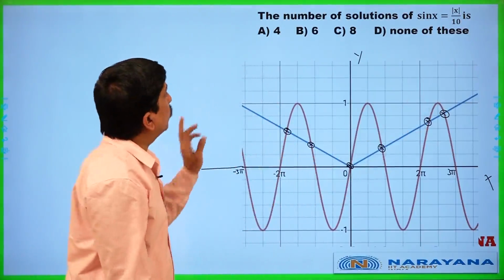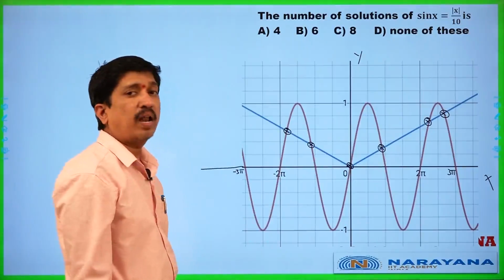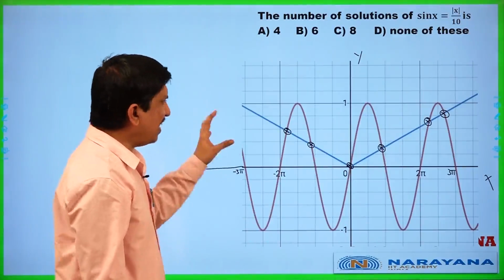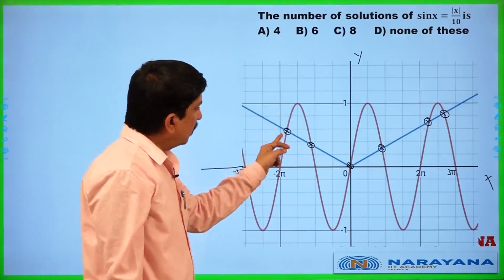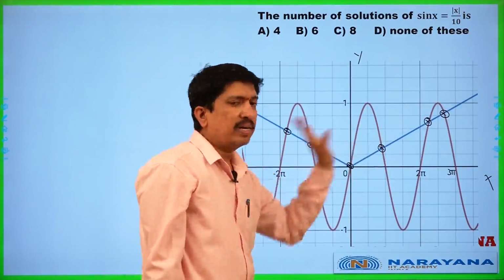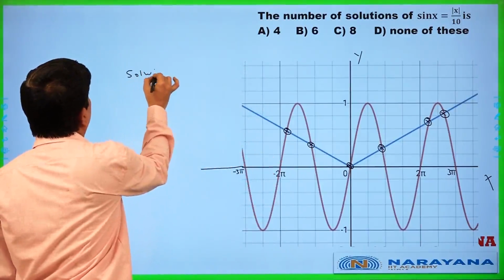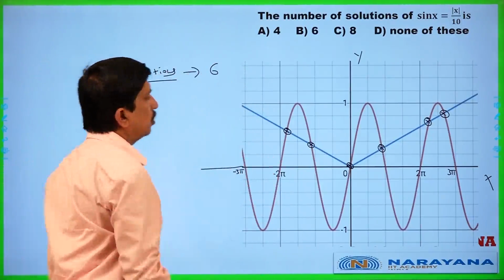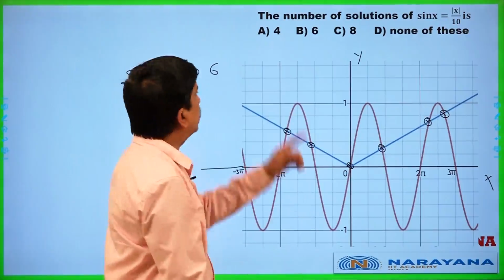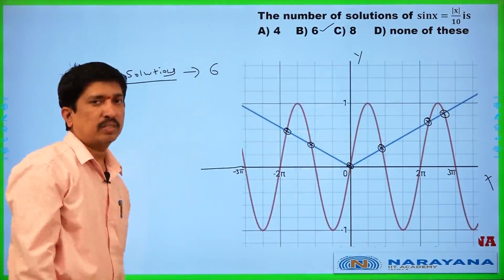So the number of solutions: first option 4, second option 6, third option 8, fourth option none of these. So clearly it is the second option. Clearly we are seeing that the number of solutions is completely 6 only. Six solutions are there, and this option is correct.